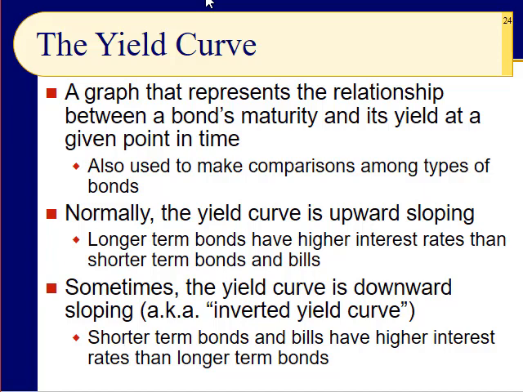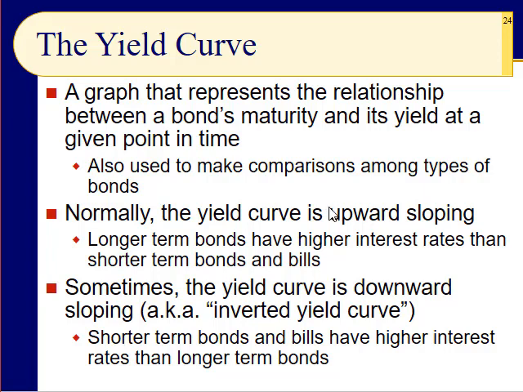The yield curve is a graph that represents the relationship between a bond's maturity and its yield at a given point in time. So we're graphing the yield of the bond, how much the bond is paying, the interest rate, and how long it is until it matures. And so we use this to make comparison about different types of bonds.